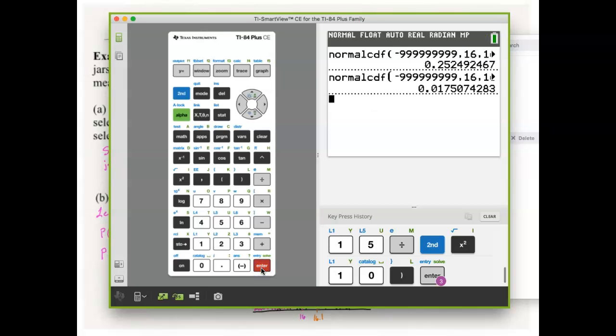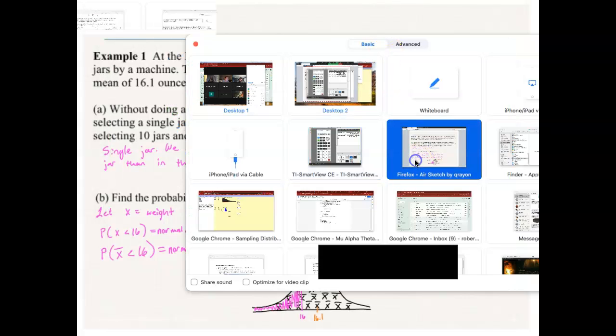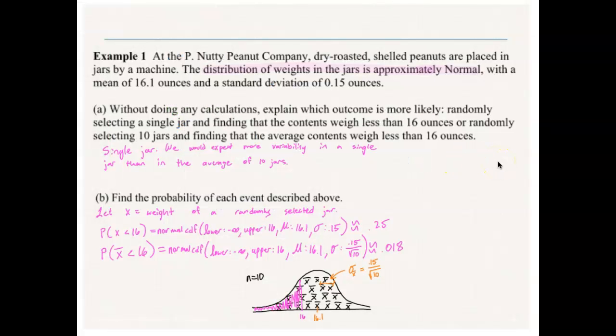There we go, and that goes down to about 0.018. So less than a 2% chance of selecting 10 jars and having their mean be less than 16 ounces.